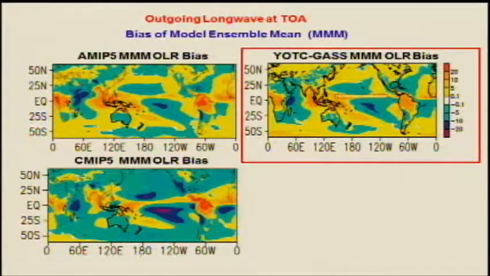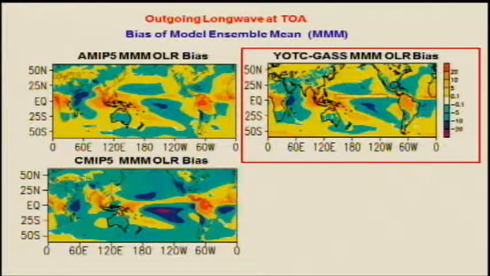It's the multi-model mean outgoing longwave radiation. Not surprising, these two should be similar because most of the YOTC contributing models are contributing to the AMIP and the CMIP. So in terms of the AMIP run, they should look similar. You can even see the pattern and some details are very, very close.